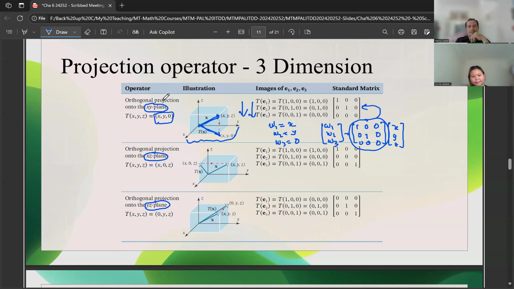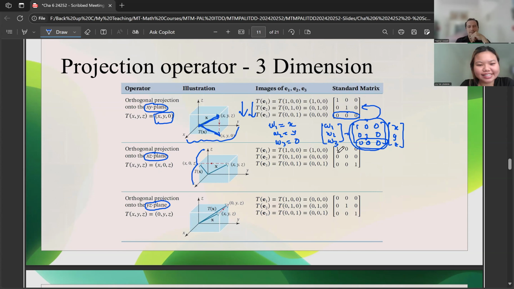If we project orthogonally to the XY plane, itu baris Z-nya 0. The row Z will be 0. Nanti kalau proyeksi ke bidang XOZ, yang nolnya apa?